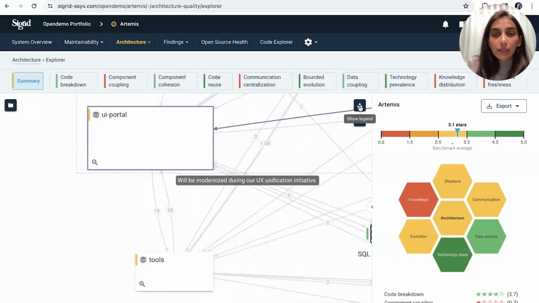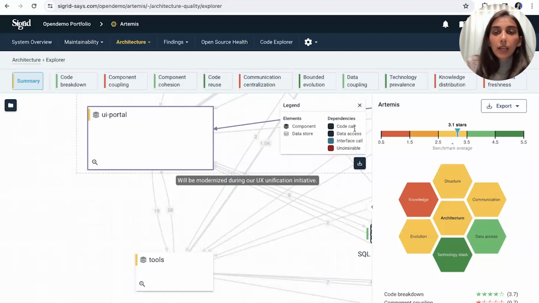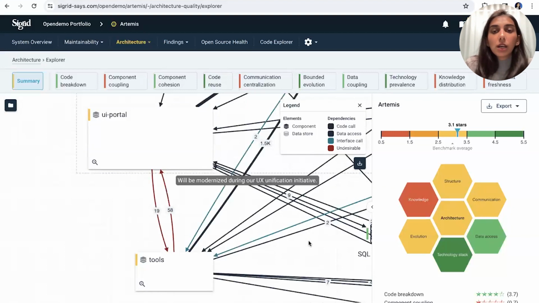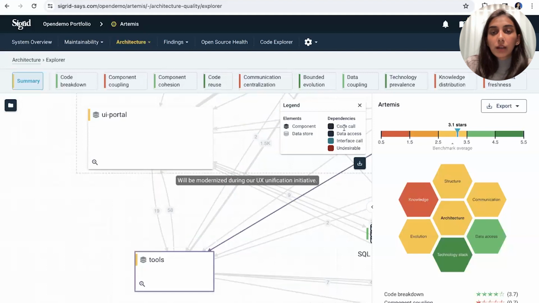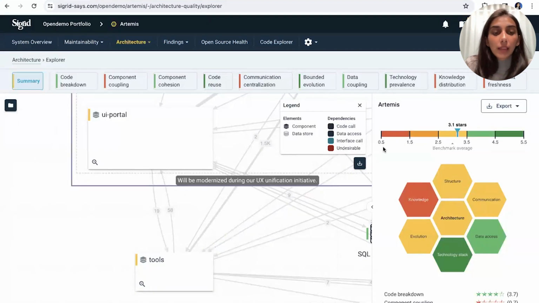You can also find this if you open the legend. In the legend, in the summary tab, you have many types of dependencies that are shown by these arrows: code calls, data access calls, interface calls, and undesirable. The first ones are shown in dark blue, this one in turquoise color, and the last one in red. And these undesirable ones are the ones that you mention in the configuration file.